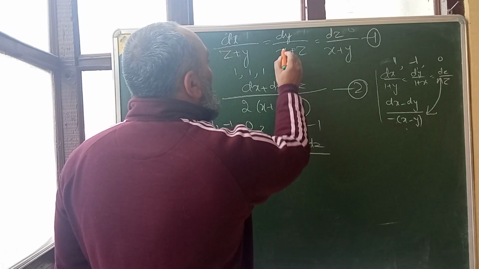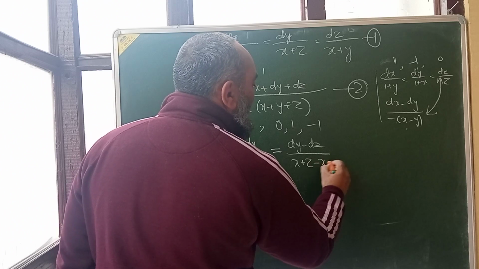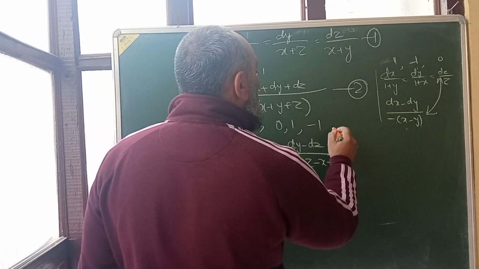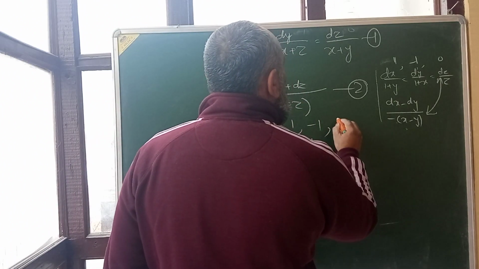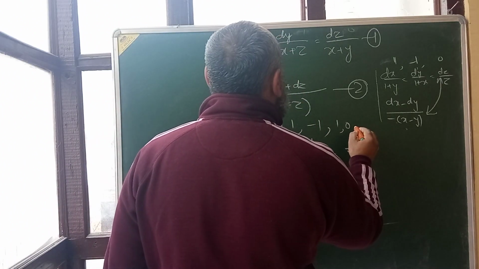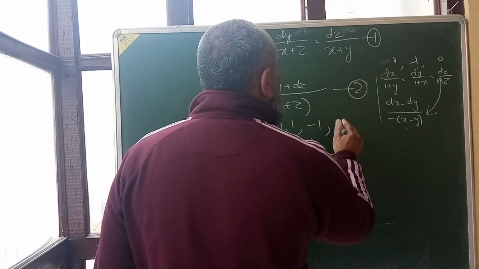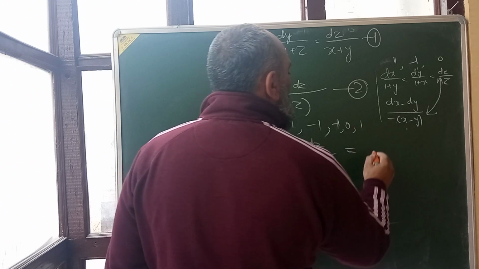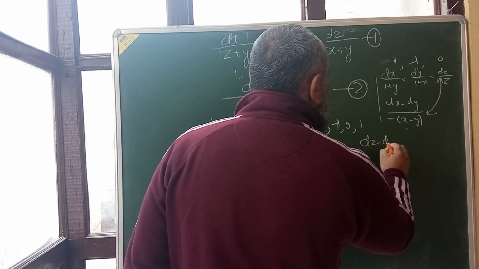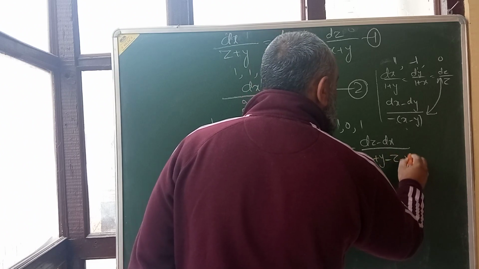This is x plus z minus x minus y. And let me choose the third one, with multipliers minus 1, 0 and 1. So dz minus dx over x plus y minus z minus y.